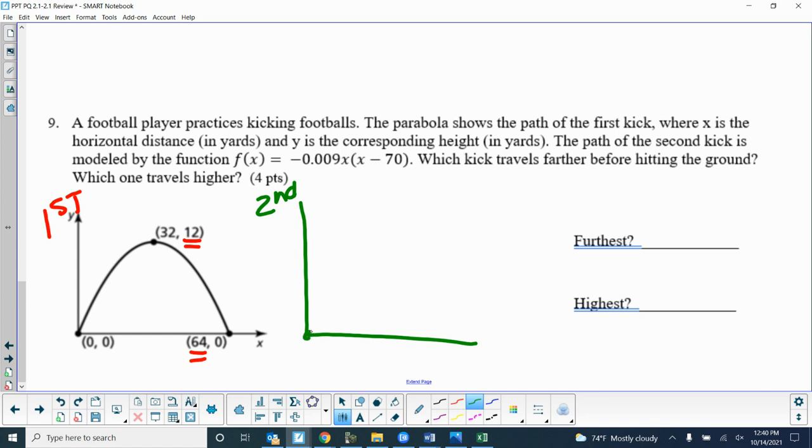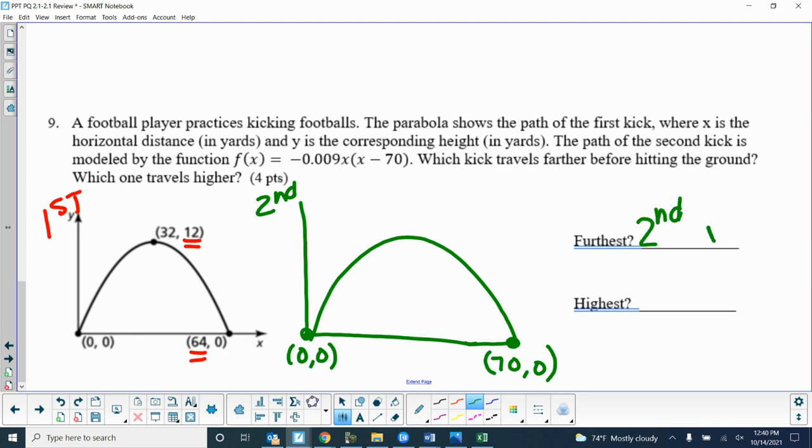So we got a 0.00, right? That's where we start. What do I got to put in for x to make that equal 0? 70, right? So it goes down to 70. So it looks like this, right? When they kick that one. So which one went further, first or second? Second. Make sense? 70 yards.